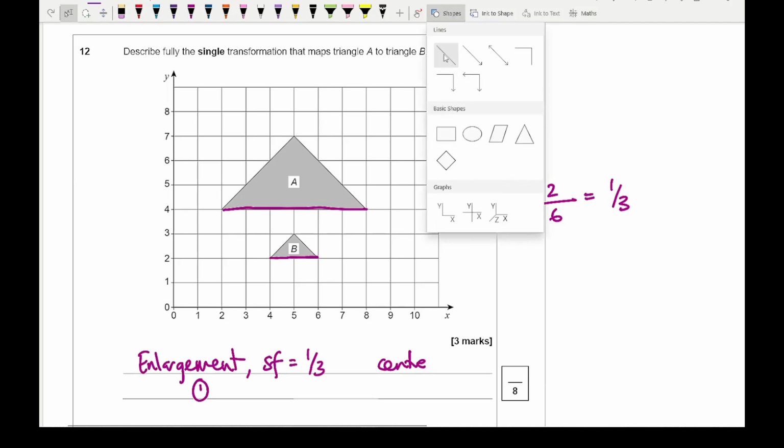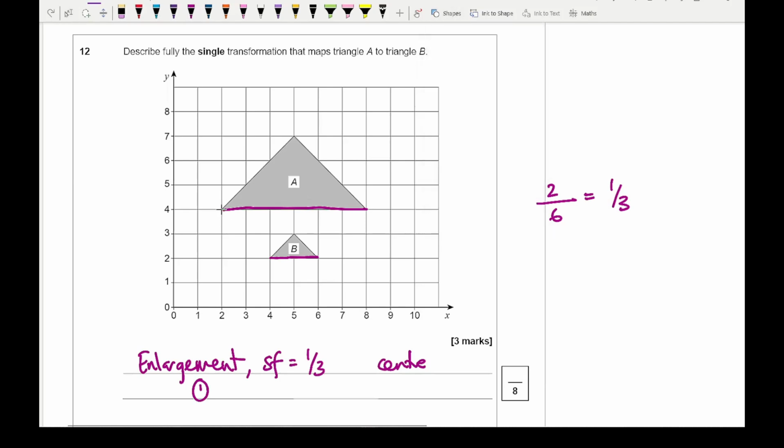Now to find the center, all we need to do is join the corresponding edges and see where they cross. Now, technically you could do it for all 3 points of the triangle, but generally speaking 2 should be enough. And I think that I can just about mark out where that point is going to be.